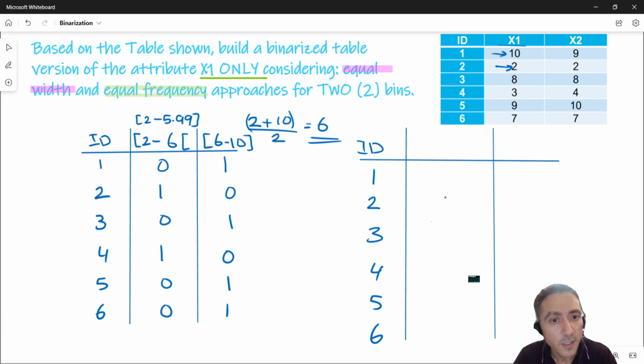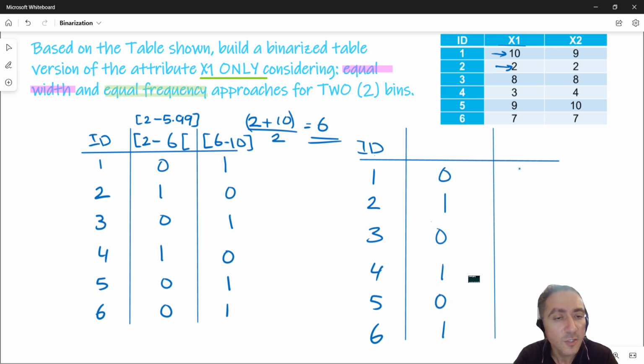So here I got 1 object in the first range, right? Now 3 is also small, so it goes into the first range, and then finally 7 will also go to the first range because again I need 3. Now I got 3, that's it. This is 0, 0, 0.